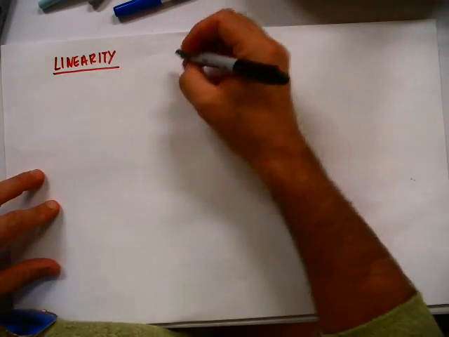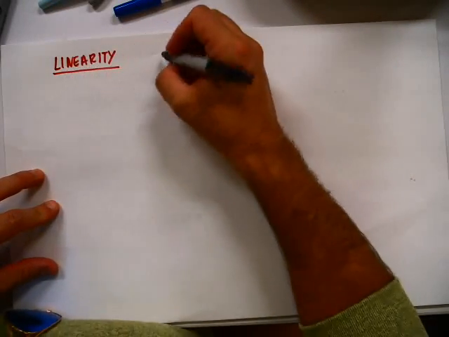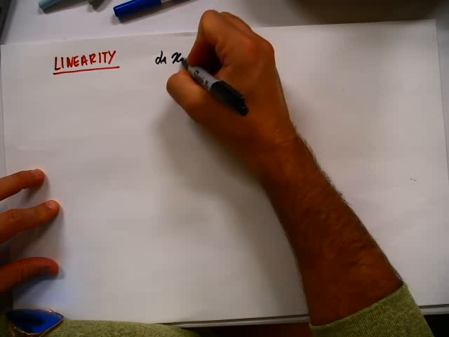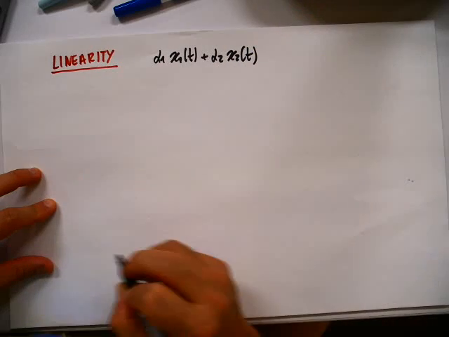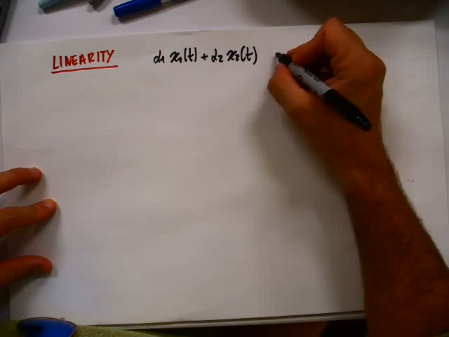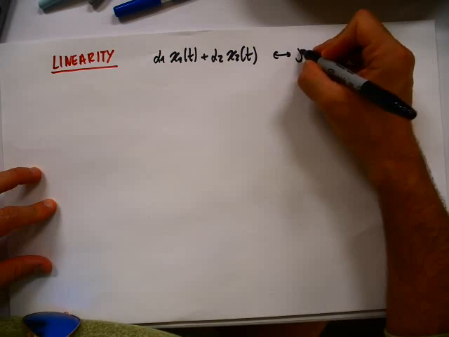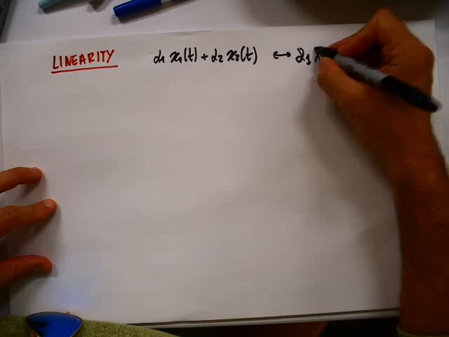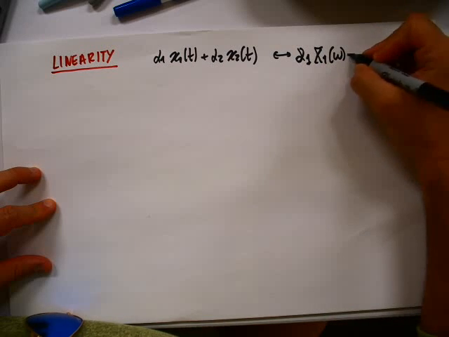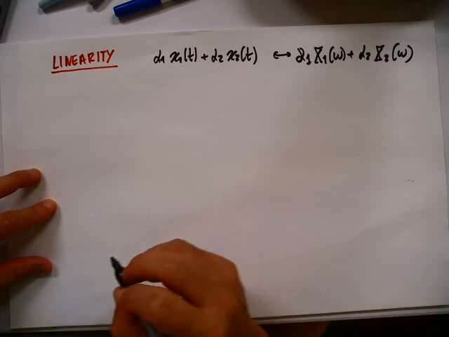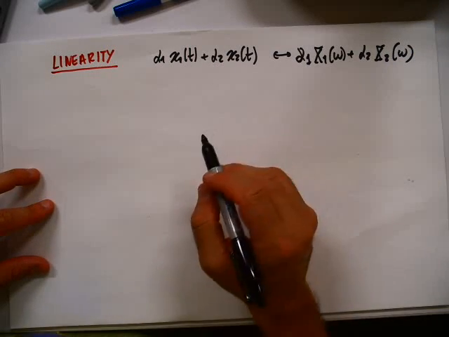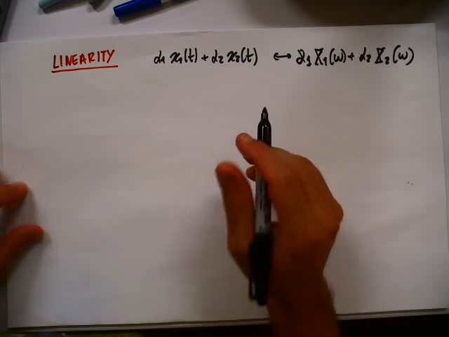We need to show that if I have alpha 1 x1 of t plus alpha 2 x2 of t, the corresponding Fourier transform is given by the linear combination of the single Fourier transforms. And this is simply a result of the linearity of the integral operator.